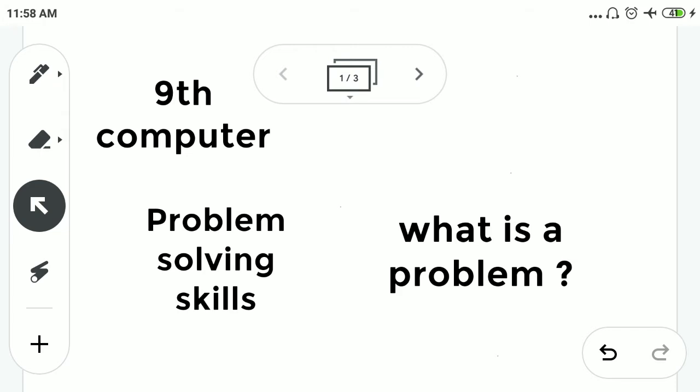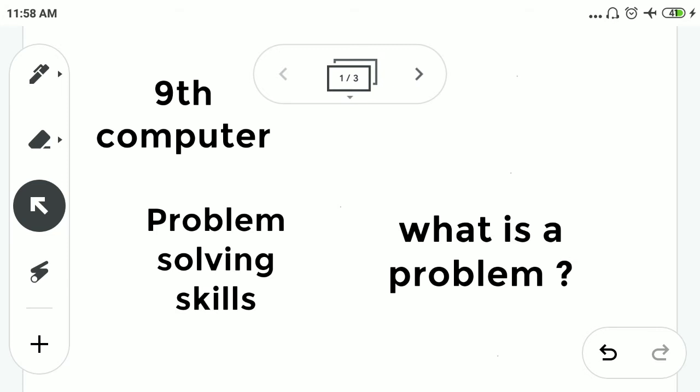You can use the computer to solve problems. There are necessary skills available in the computer, so that you can use these skills to solve the problem.